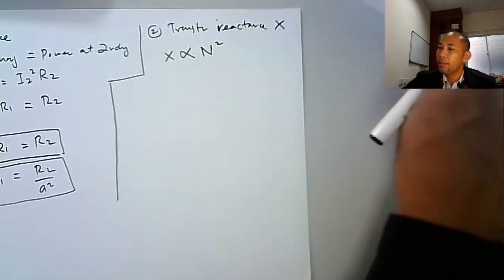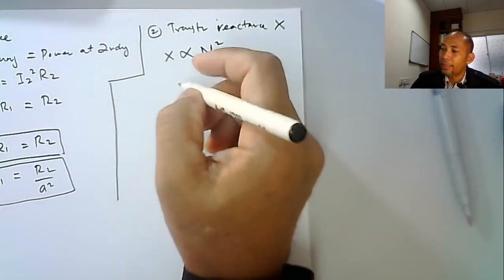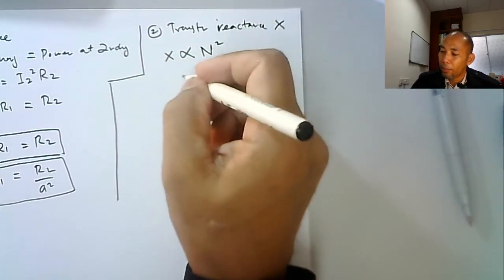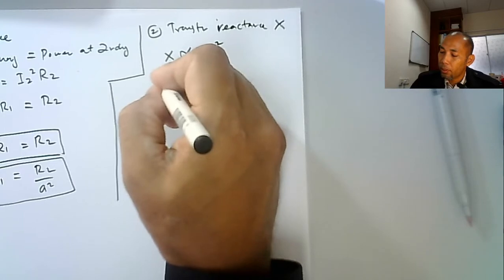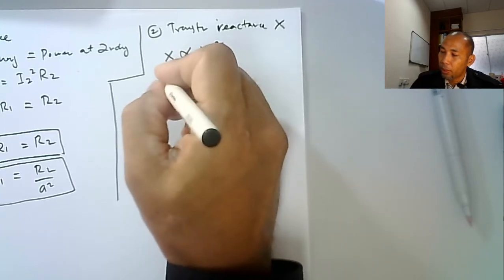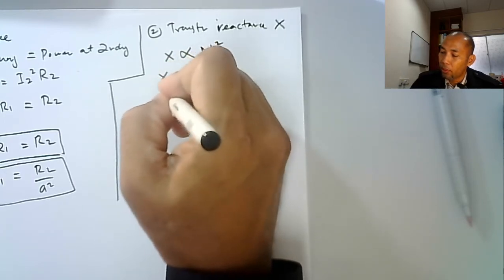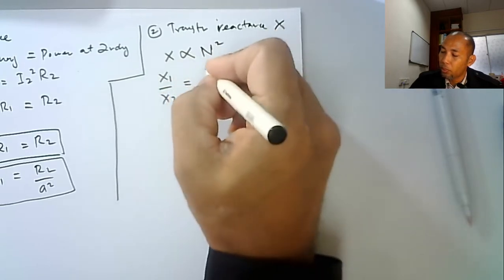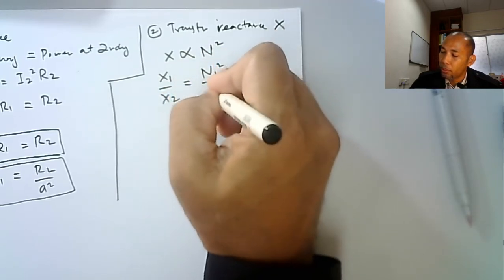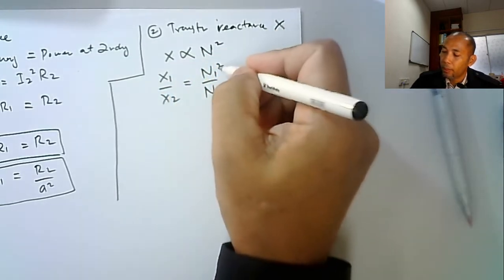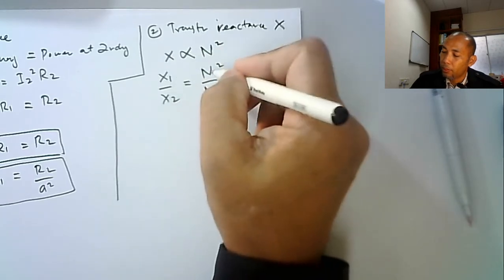So we're taking a ratio of primary to secondary. So X1 over X2 equal to N1 squared over N2 squared. That's proportional.